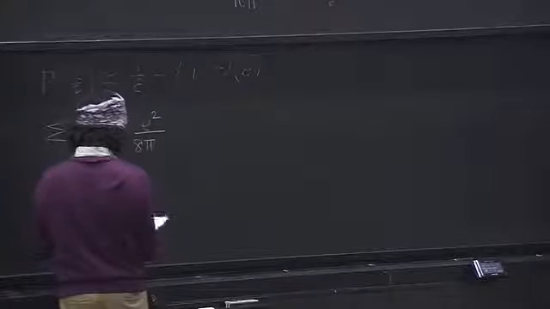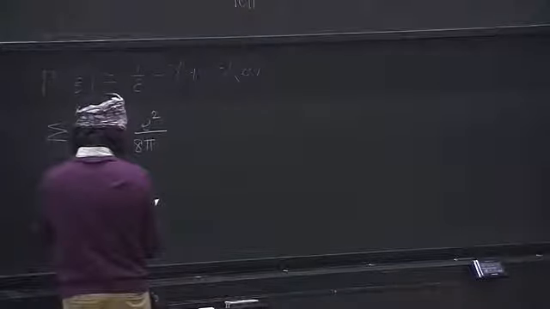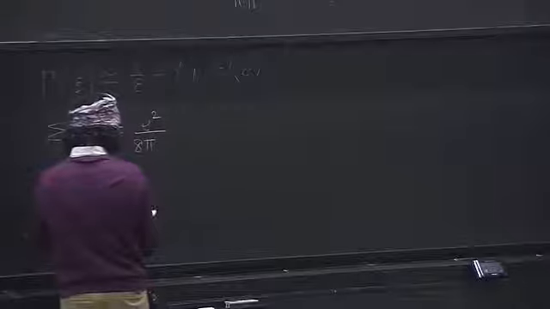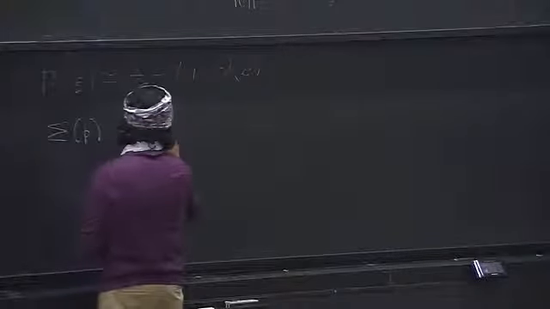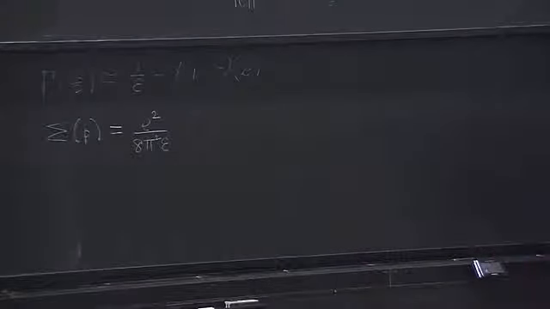I see that I have made a mistake in my notes, that I have written 8 pi epsilon squared. It should actually be 8 pi squared epsilon. Let me just make sure. Yeah, right.